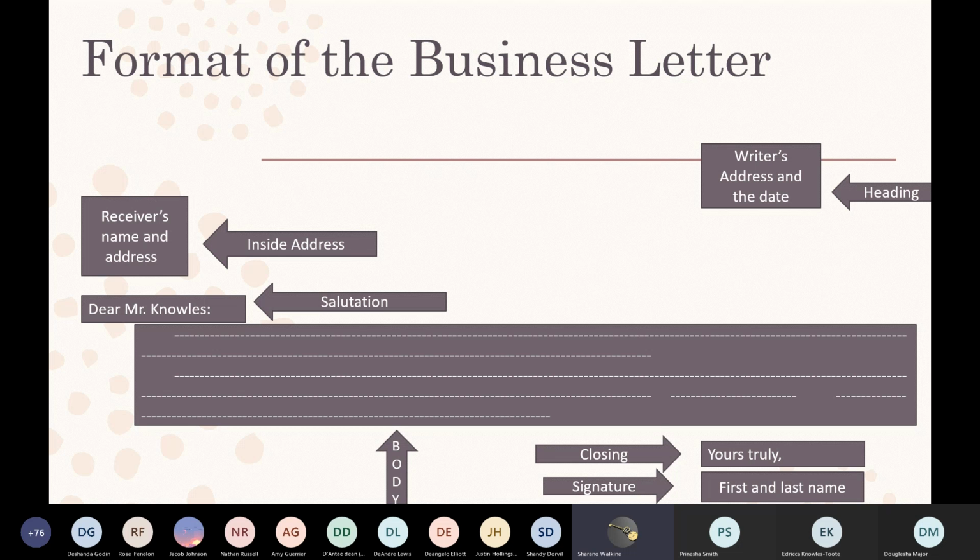Even if you know the person's first name, you don't dare start by saying dear Jack. You say Mr. So salutation, your body, complimentary closing, and your signature with your first and last name.